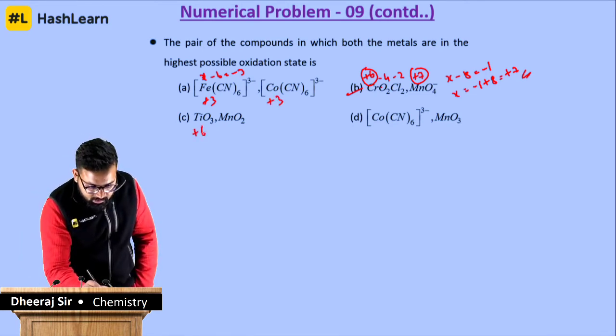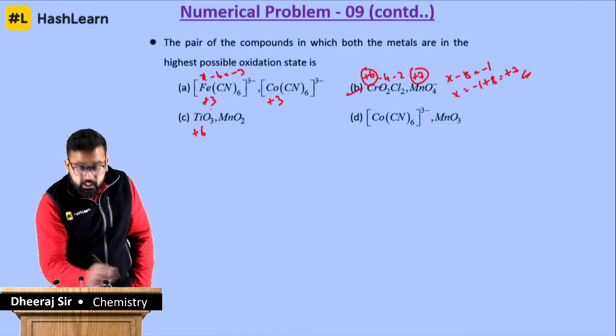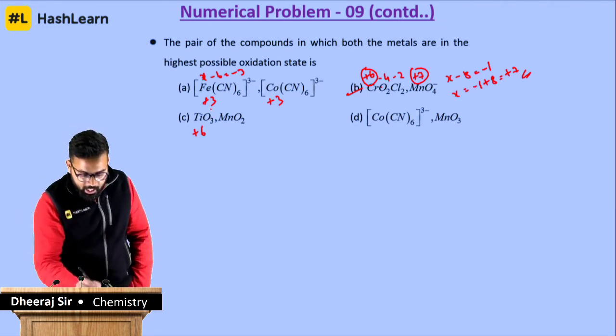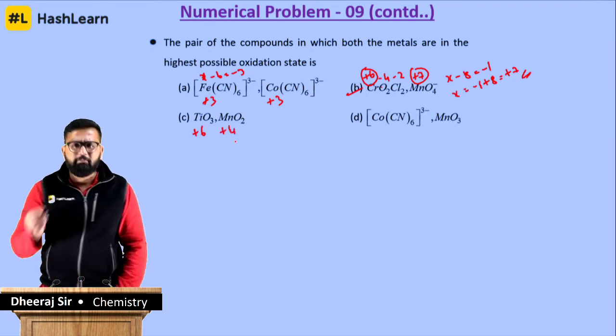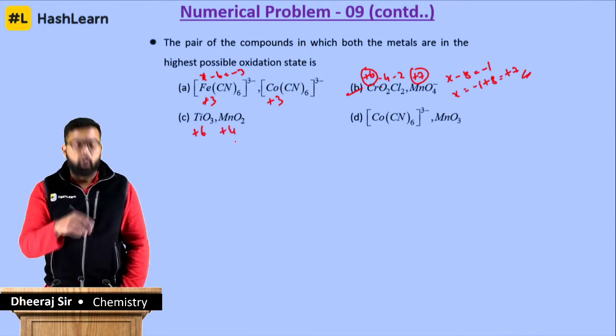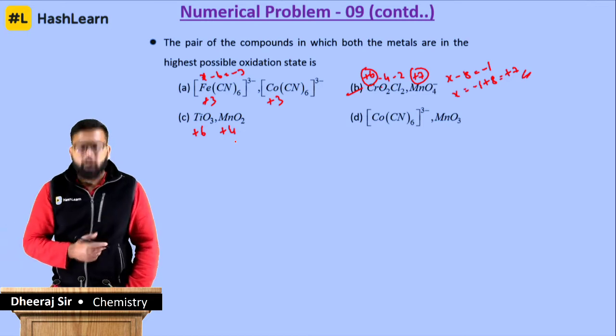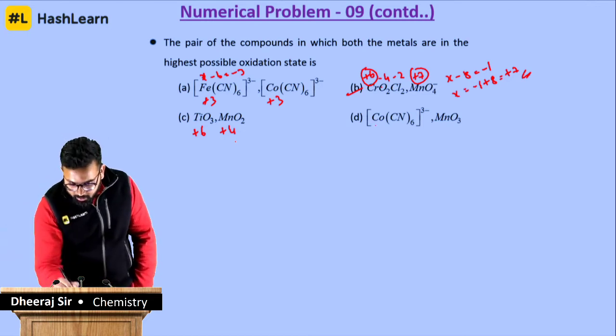Titanium here is +6, because oxygen is -6, so titanium has to be +6, and my oxygen is -4, so manganese is +4. That is simple. You have to maintain the overall molecule neutral if it is not an ion. So on that basis, here again cobalt is +3, manganese is +6.